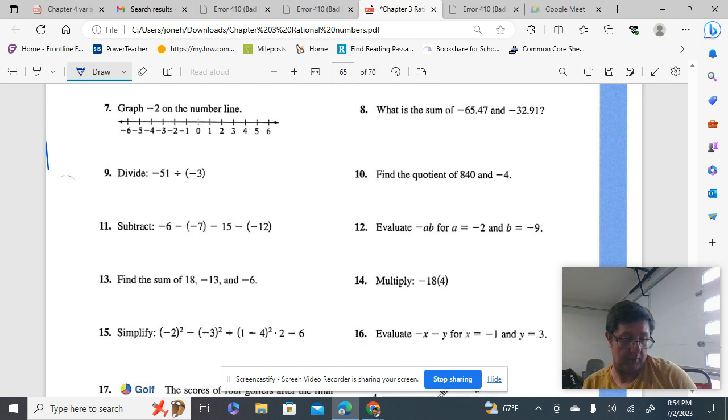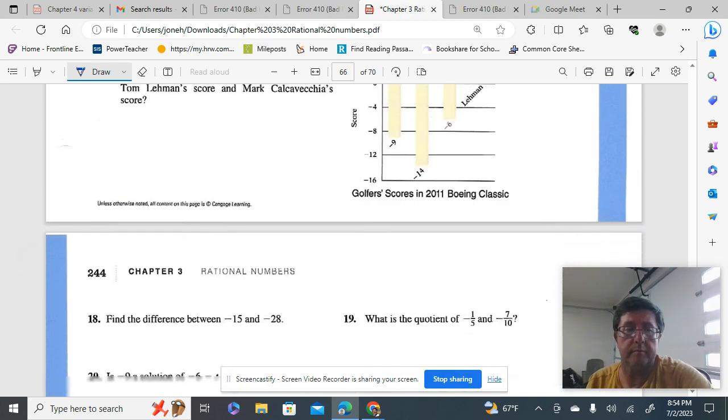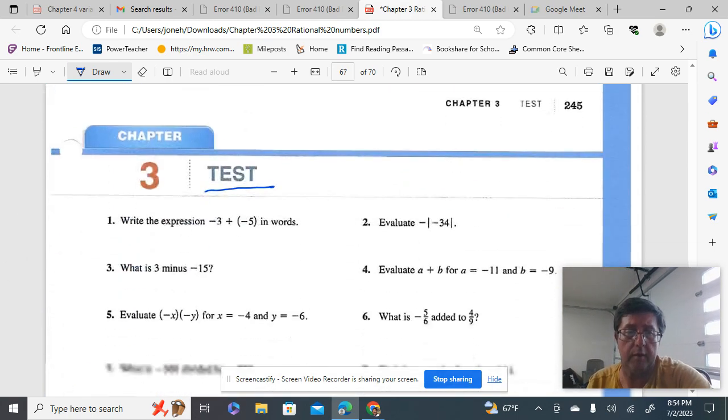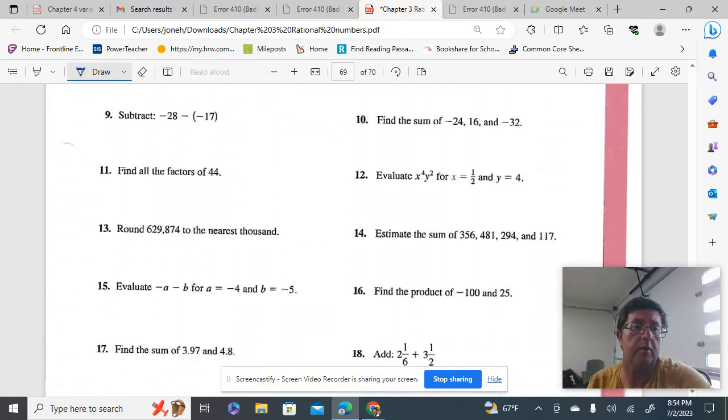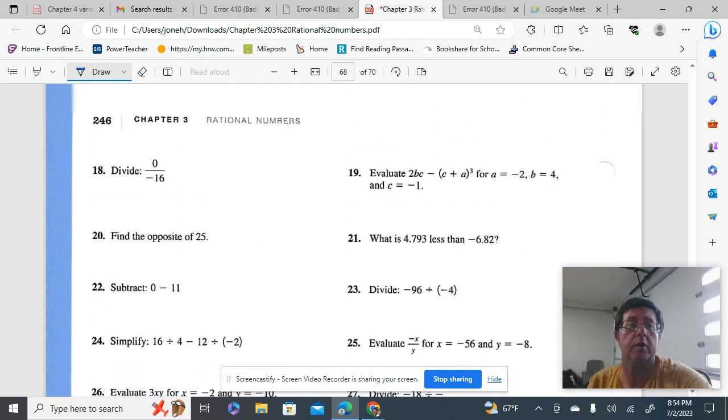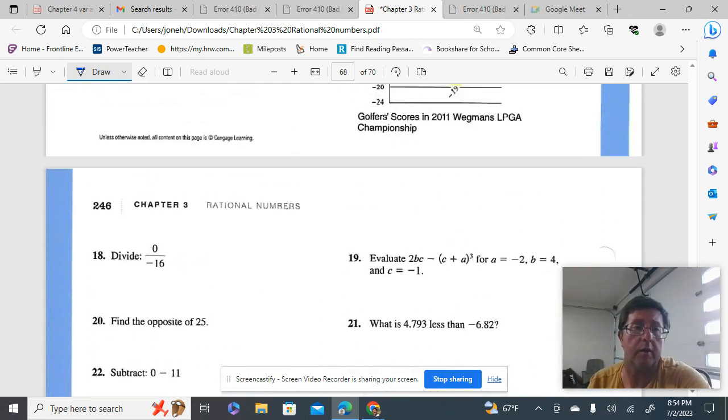Negative 51 divided by negative 3 equals 17. So our answer for that one is 17. Easy peasy. Okay, so guys, hopefully you did all of this, because that was your assignment to do this weekend. If you still need to work on it, continue to work on it.